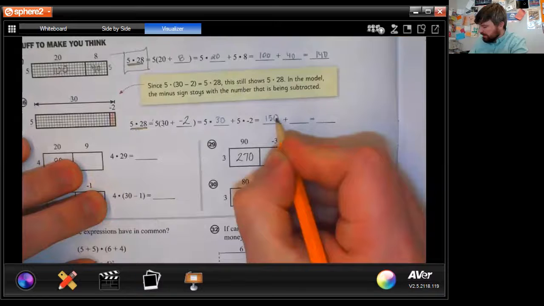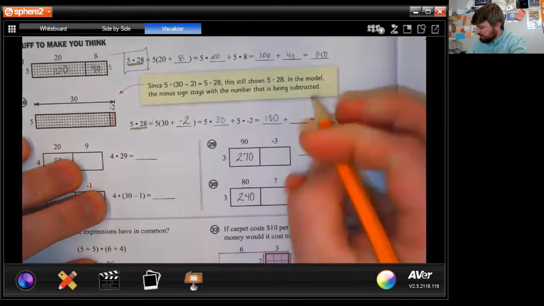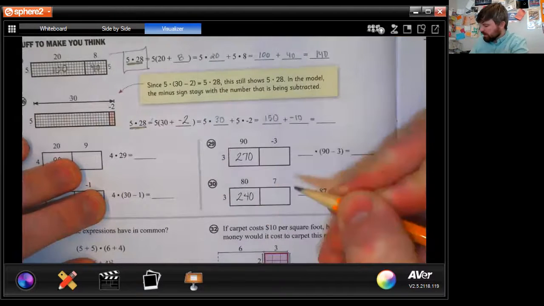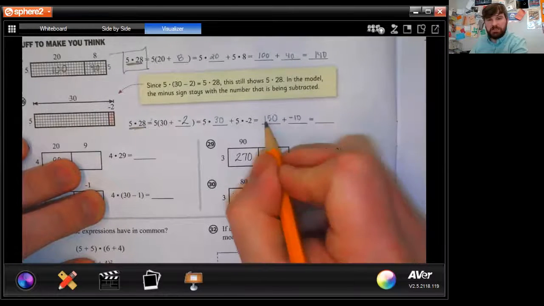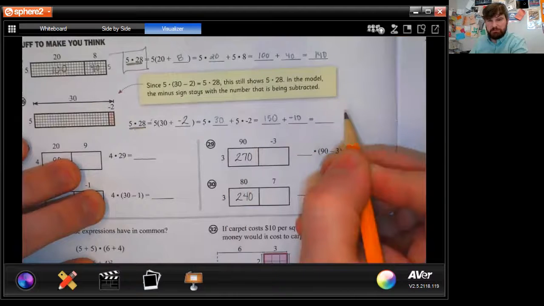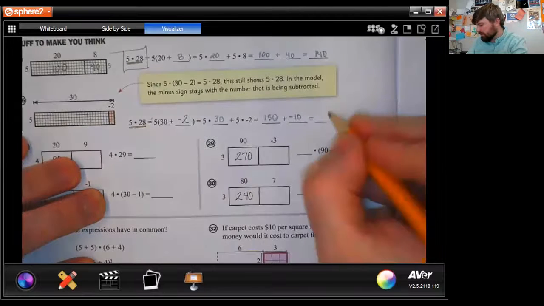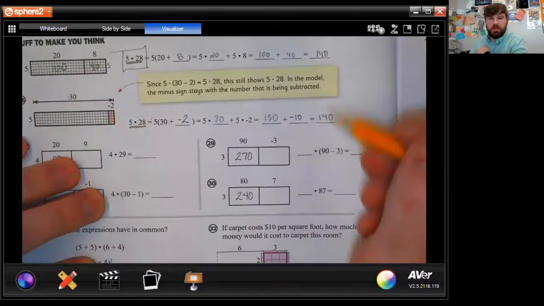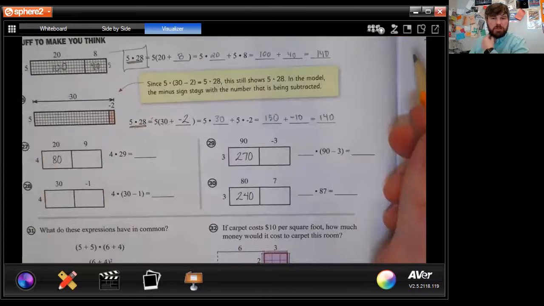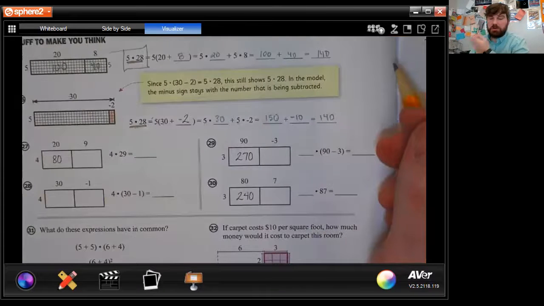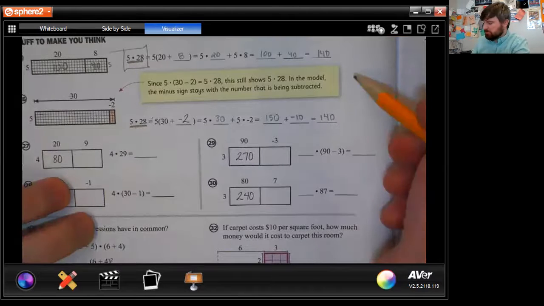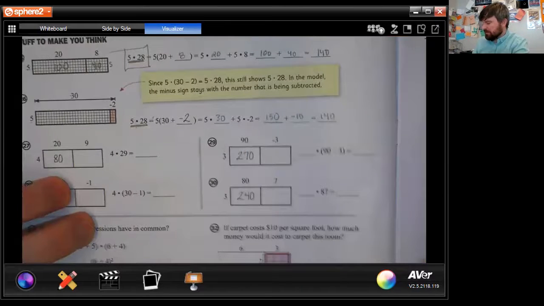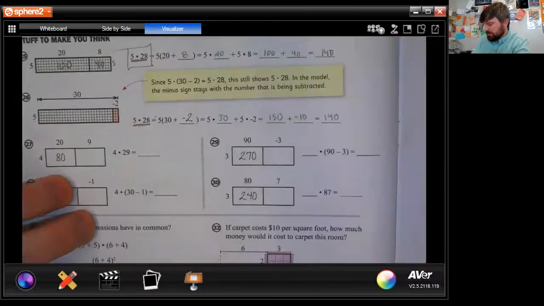And 5 times negative 2 is negative 10. So you have 150 minus 10, which is 140. So there's 2 different ways that you can do that, both getting the same answer. And to me, it doesn't matter which one you do, as long as you understand the process and get the same answer in the end.